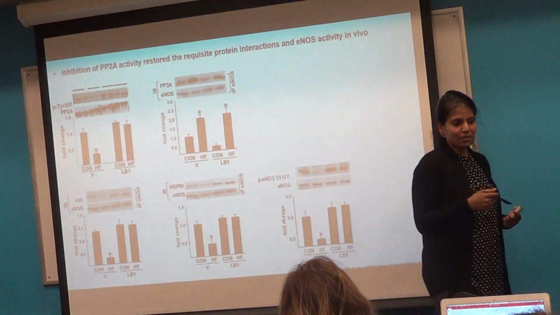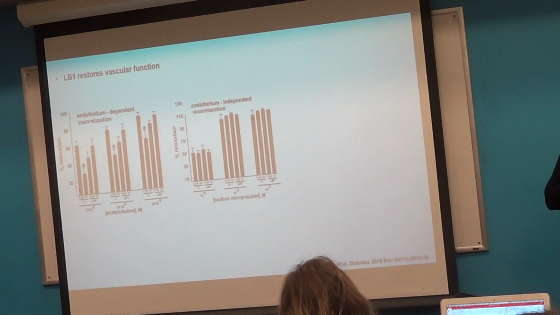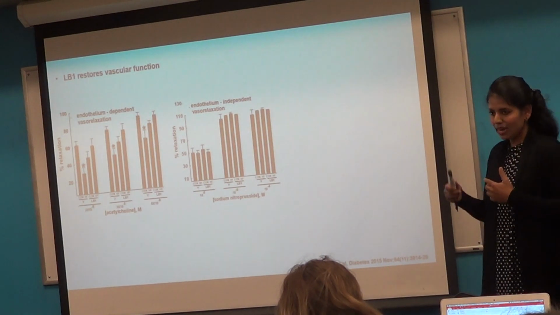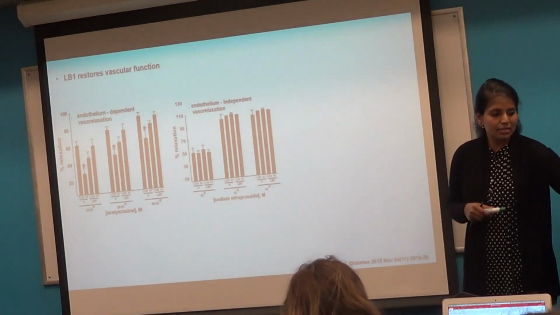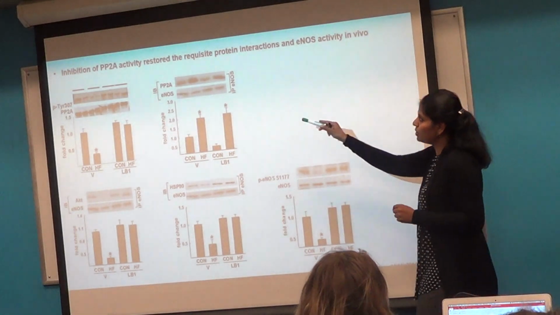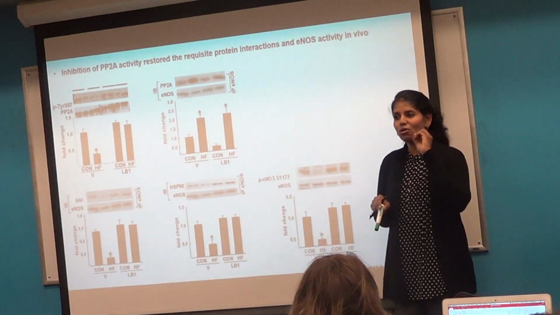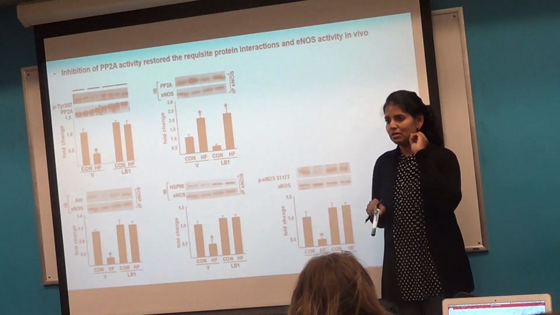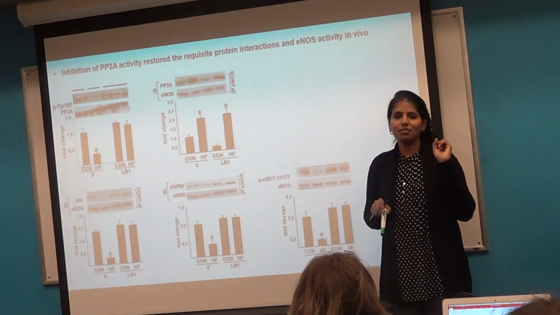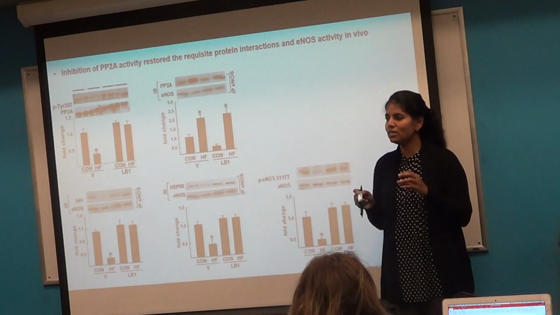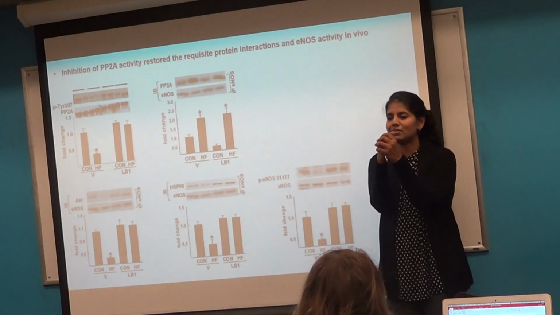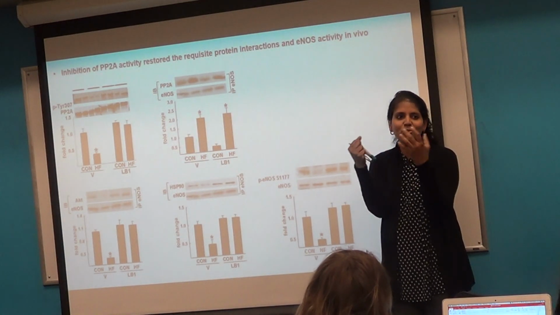So what happens is, we later figured out that although PP2A is sitting there with eNOS, its activity alone is spoiled by the drug LB1. The protein is still holding on, but it's like a dead protein sitting there, not doing anything.